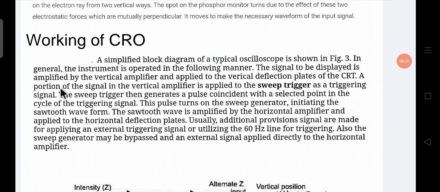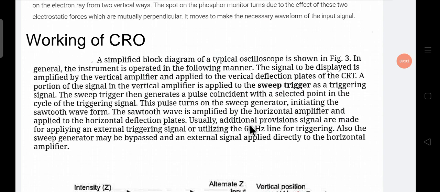A portion of the signal in the vertical amplifier is applied to the sweep trigger as a triggering signal. The sweep trigger then generates a pulse coinciding with a selected point in the cycle of the triggering signal. This pulse turns on the sweep generator, initiating the sawtooth waveform. The sawtooth wave is amplified by the horizontal amplifier and applied to the horizontal deflection plate.